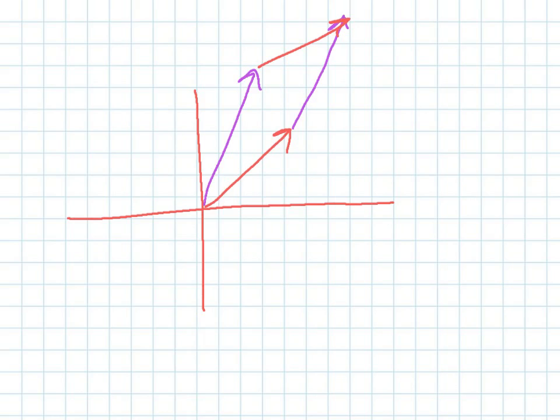So let's put it in green. Okay? So notice that there's components or parts of your vector. So it's made up of an x value plus a y value that create this vector, basically.